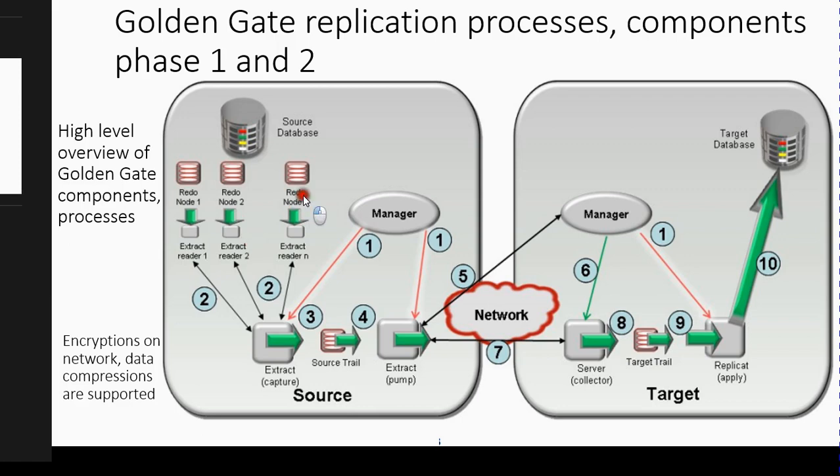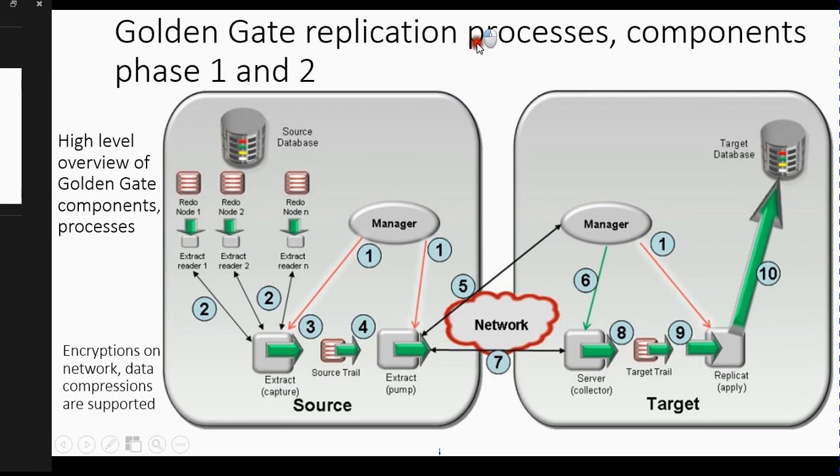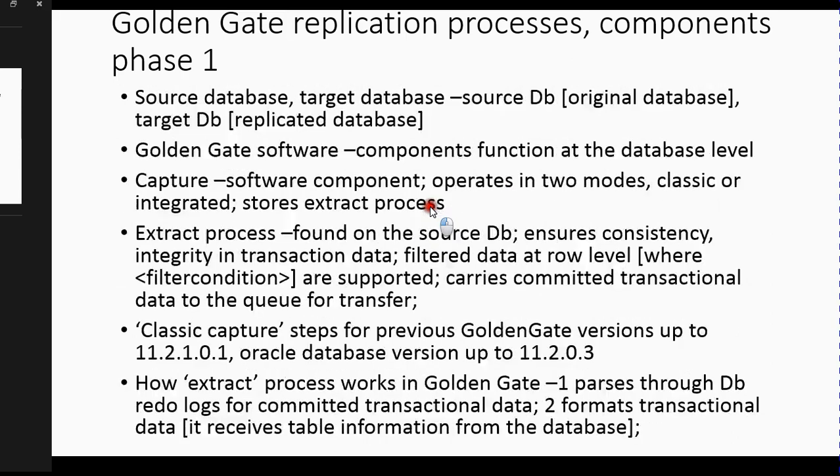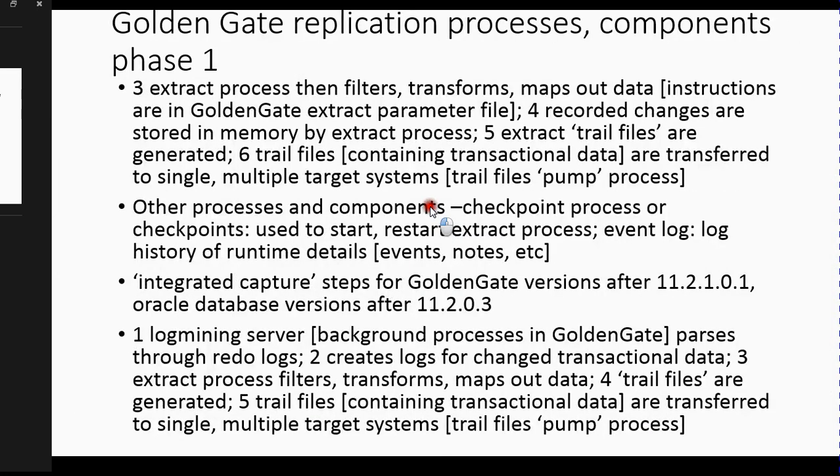So the database gives the instruction to the extract process on how to prepare the transaction data for the transfer. And then the extract process filters, transforms, and maps out the data.